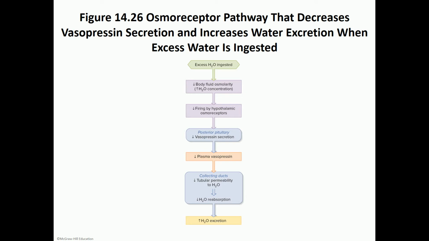Less ADH now reaches the collecting ducts. These aquaporin channels are going to hide back again inside of the cells, and that decreases the water reabsorption, meaning that more water is going to be left in the filtrate and more water is going to be excreted, leading to the formation of a diluted urine.